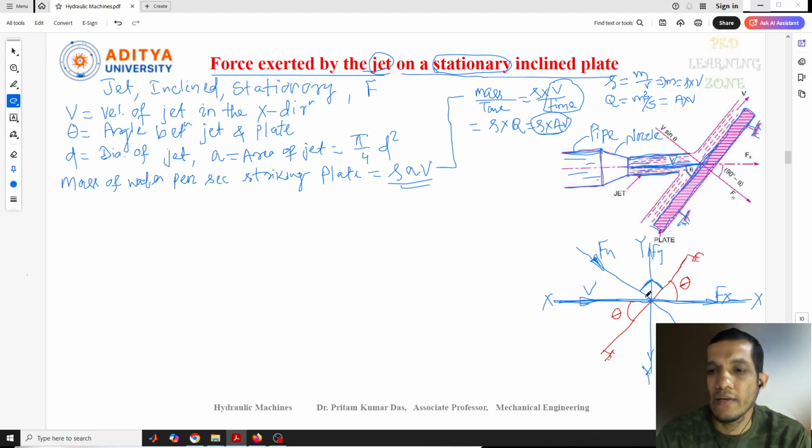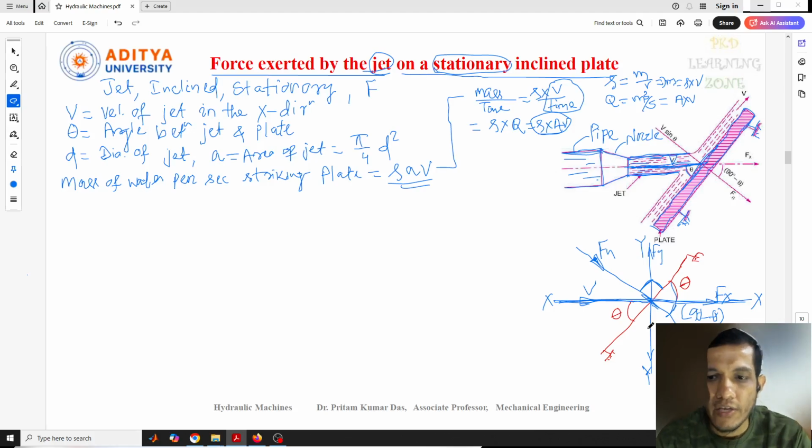Now here you can see this part is theta, and this is also theta. The remaining part will be 90 minus theta, because it is perpendicular to the plate.